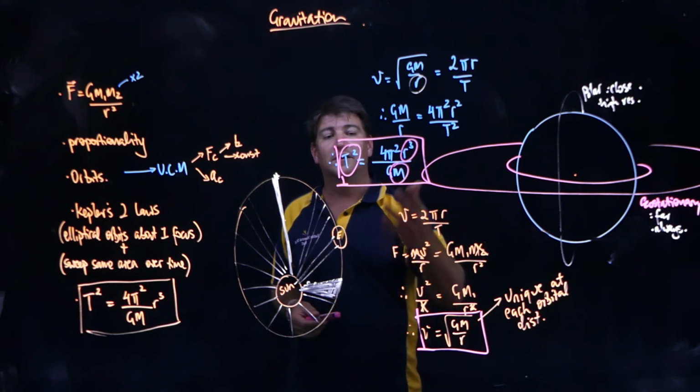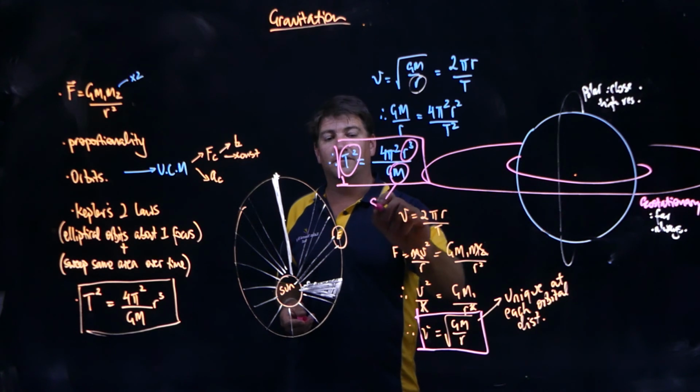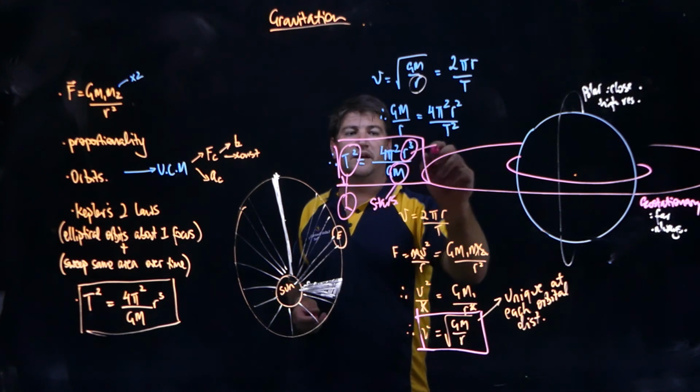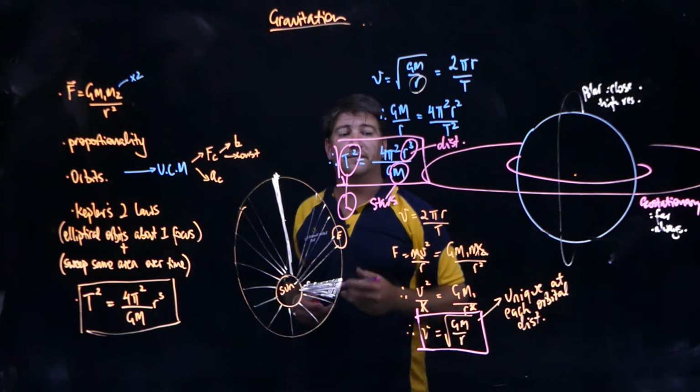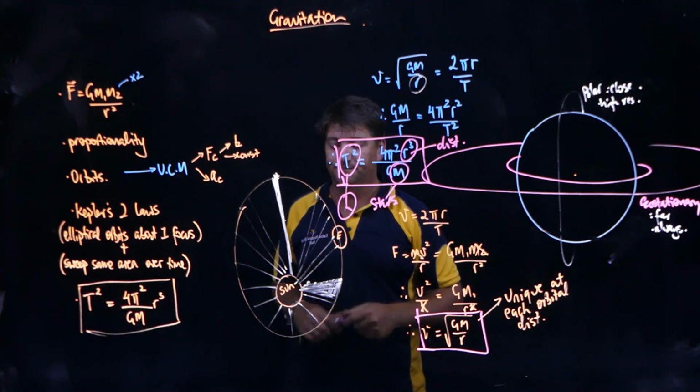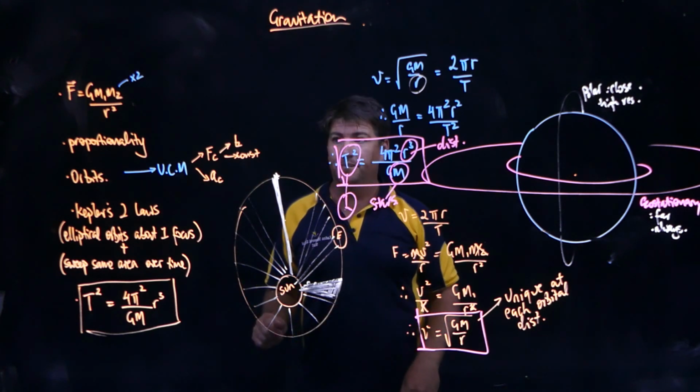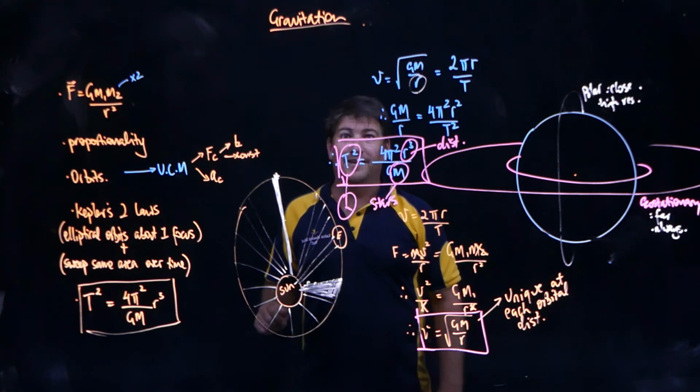So we can use that to find the mass of stars based on how long it took, so clocks and stuff, and the distance they are from that star or that object. All right. Cool. I think that covers about it.